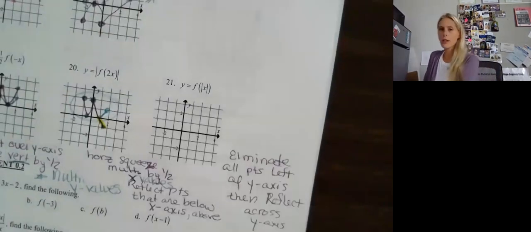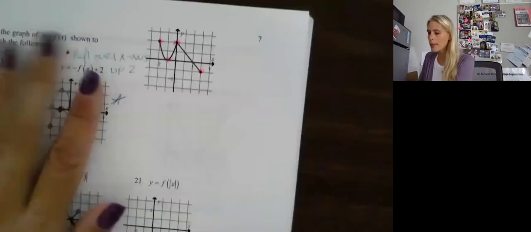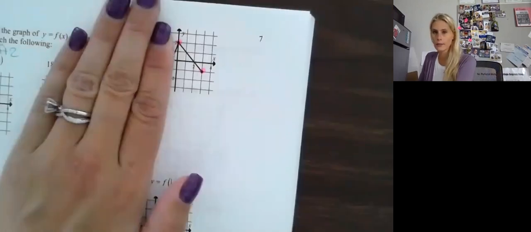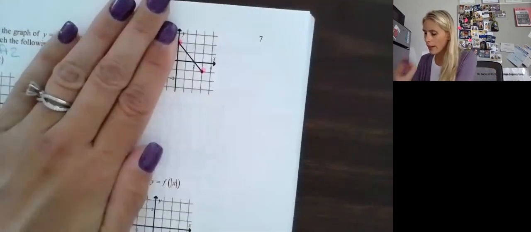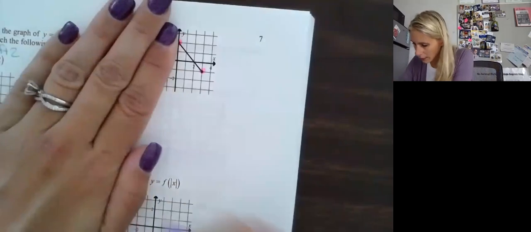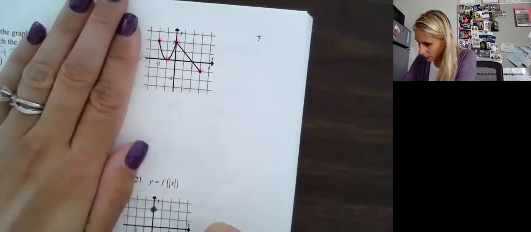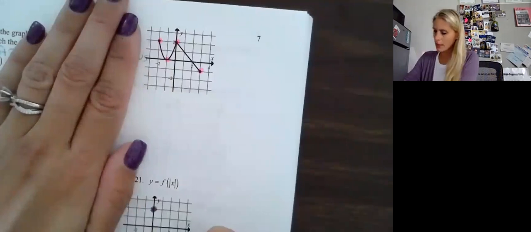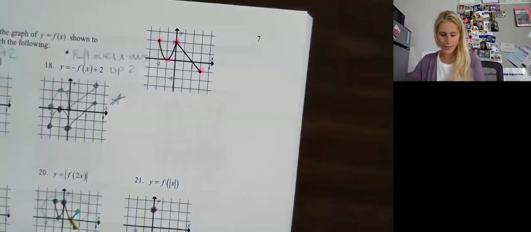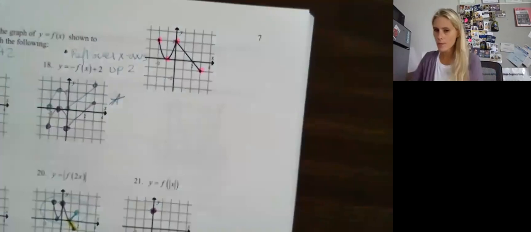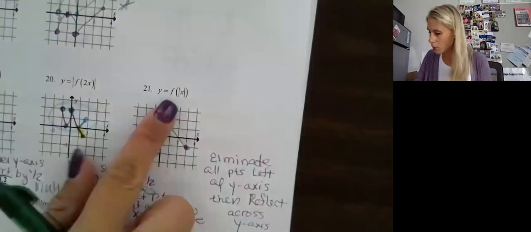So if I look at the original here, I'm getting rid of all of this, right? If I eliminate the left side, all I am left with is this linear equation. Now, the second part was to reflect what you see over the y-axis.